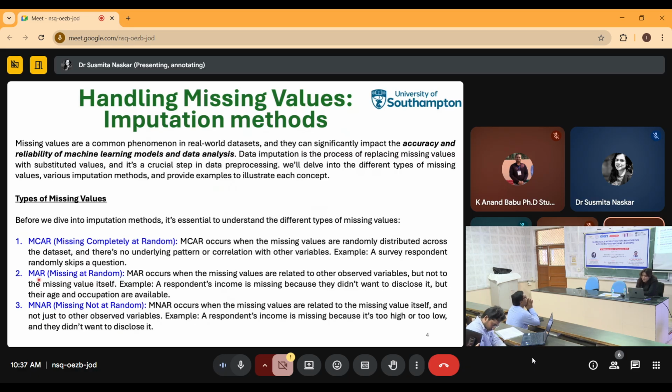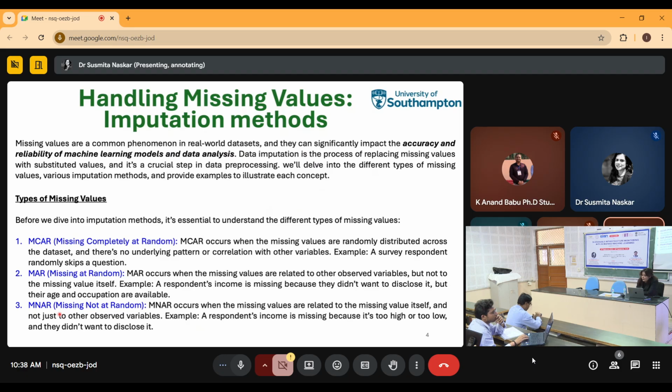With MCAR and MAR, there is another one where missingness is not random. So the first one is missing completely at random, the second one is missing at random, and the last one is missing not at random. In short we call it MNAR. So what happens in MNAR? MNAR is where missingness depends on the unseen value itself, okay?